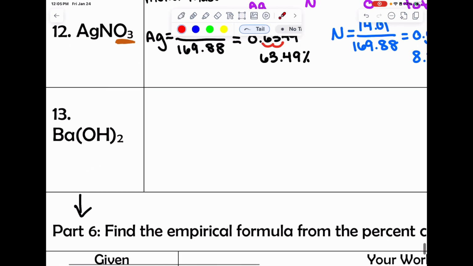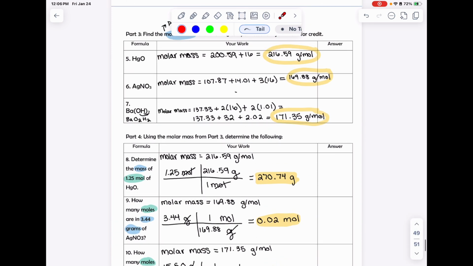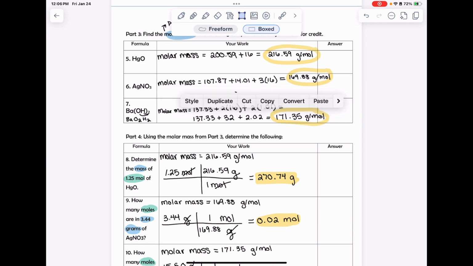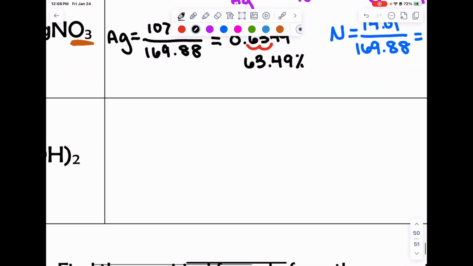Again, I am using all of the information, the molar mass from part 3. So just like I did on the last one, I'm going to steal this part. So this one had a molar mass.